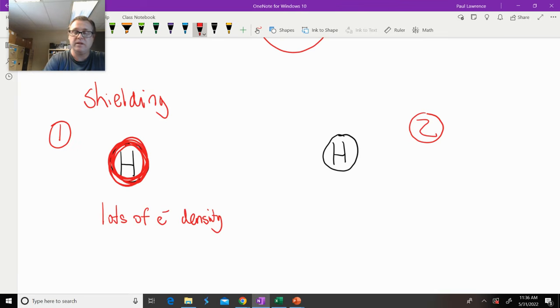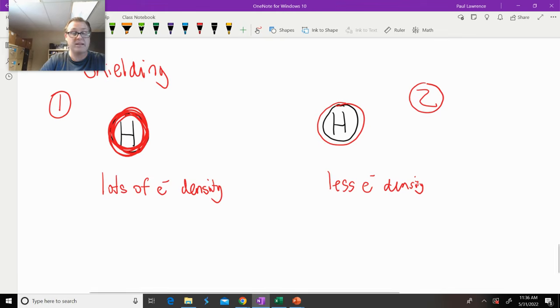Whereas proton 2 has less electron density, so it would look like this. Because proton 1 has more electron density, that proton is considered to be shielded, whereas proton 2 has less electron density, and we call that deshielded.